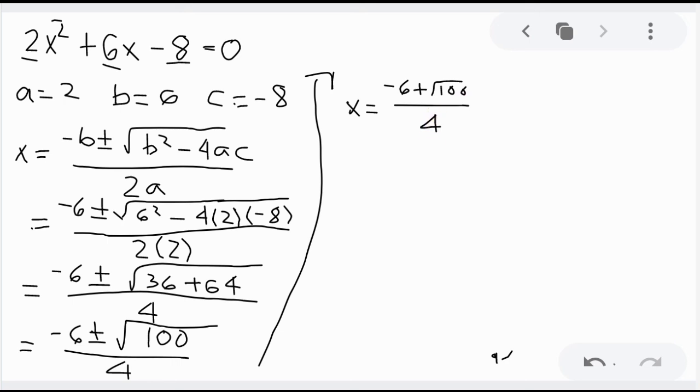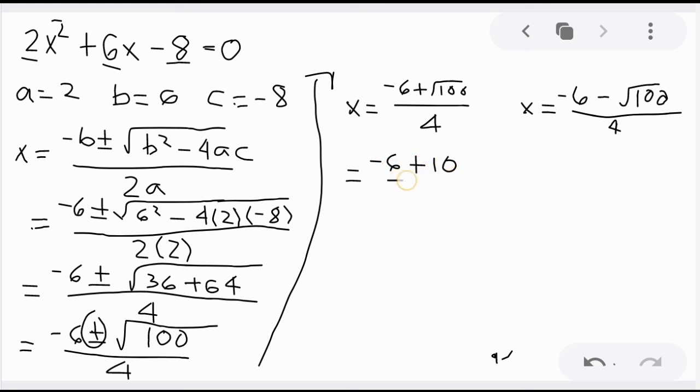And on the other side, x is equal to negative 6 minus the square root of 100 over 4. Now let's simplify these too. We have negative 6 plus 10 over 4, and negative 6 minus 10 over 4.